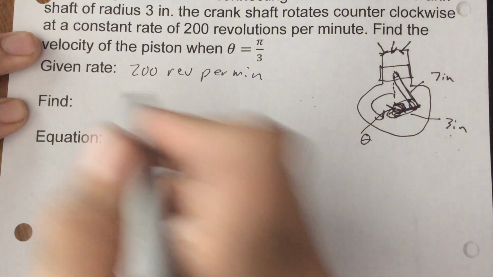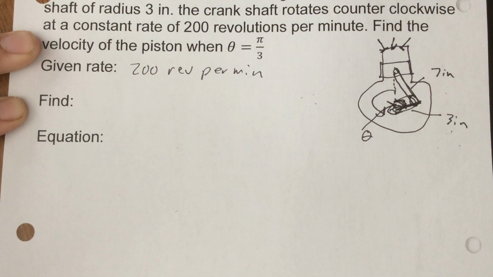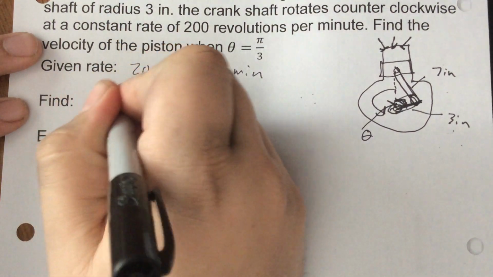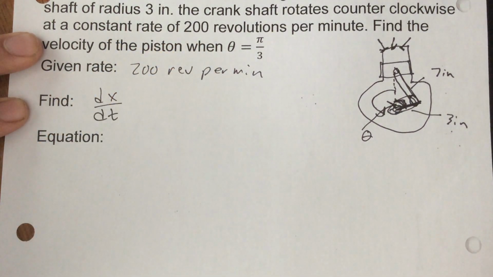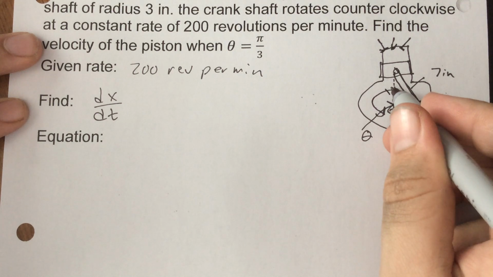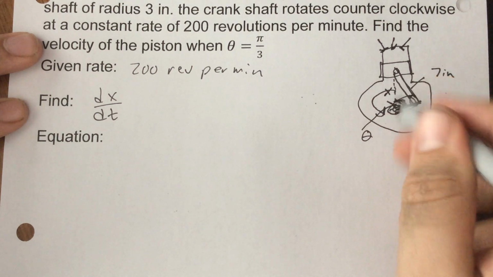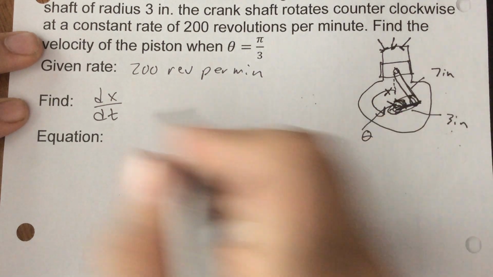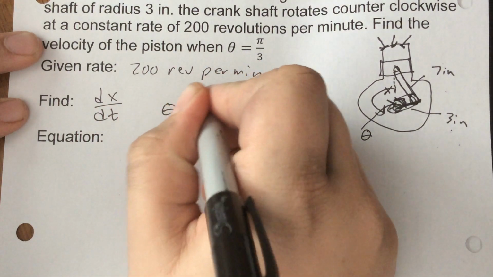So for velocity, we're going to call this just dx for now, x being the position, so dx over dt. From here, this is going to be our x. So how fast is x changing? And we want to do that when theta is pi over 3.